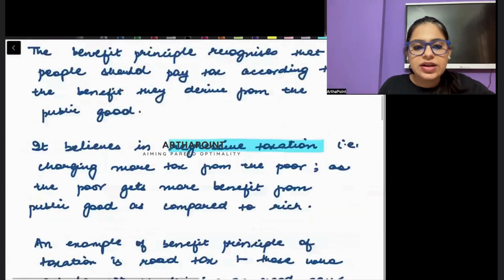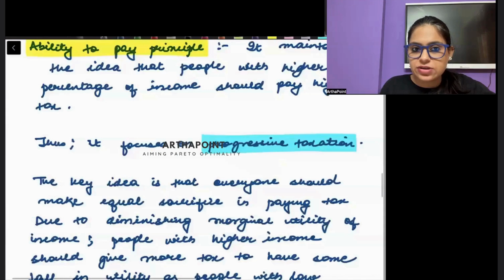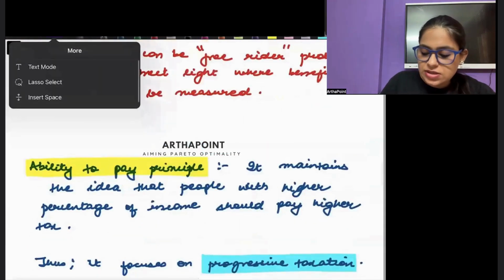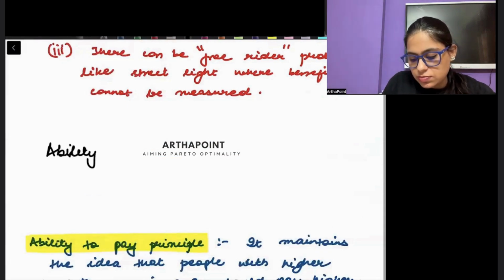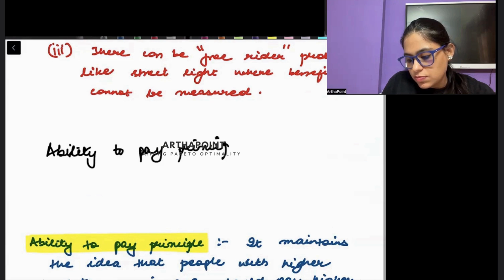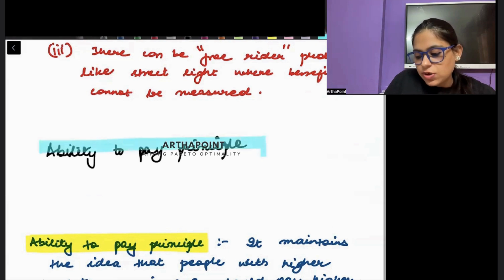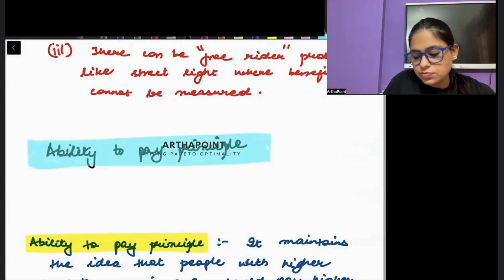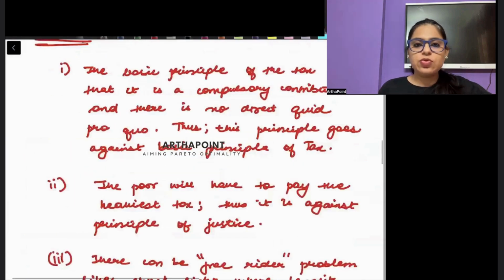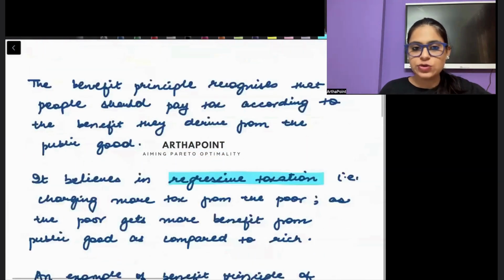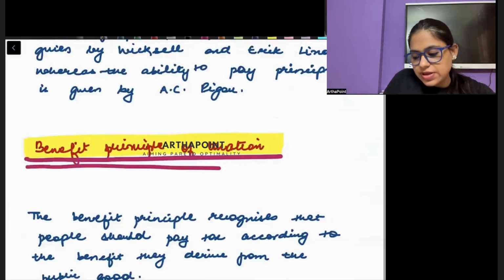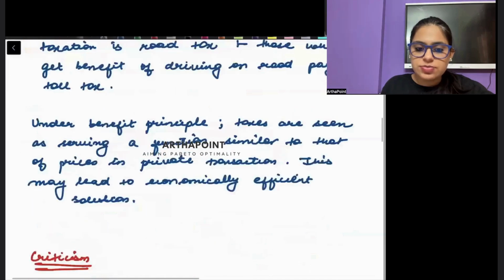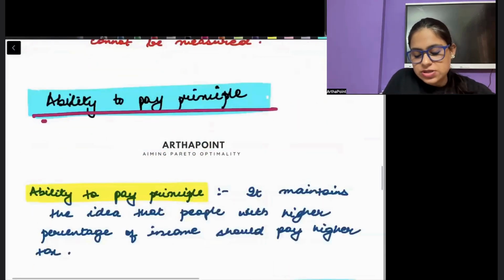And then after that, I will write about the ability to pay principle, and I will write everything about the ability to pay principle. So this is the approach that I like to follow: you pick up one principle and write everything about it in detail, and then you pick up the other principle and write everything about it in detail.